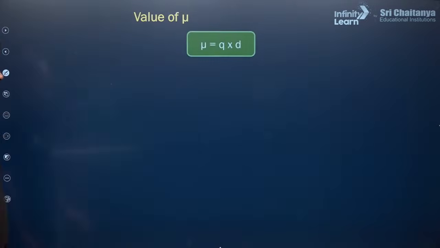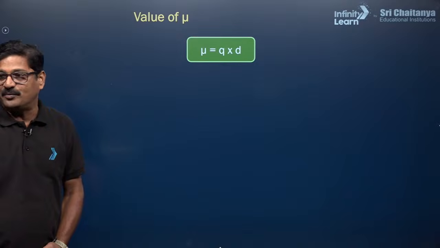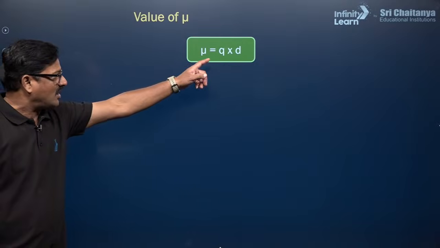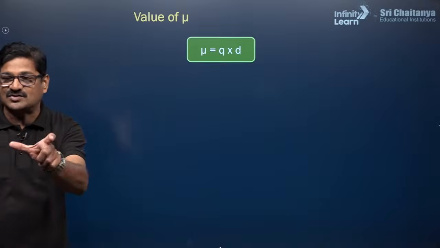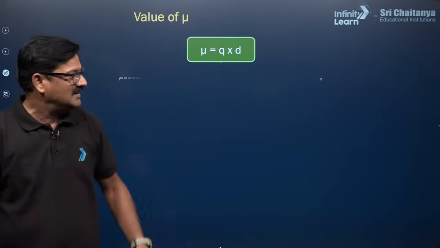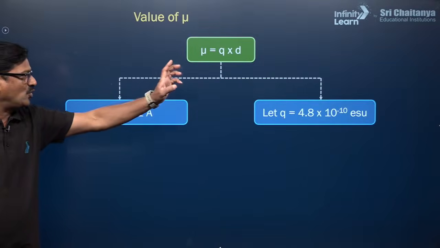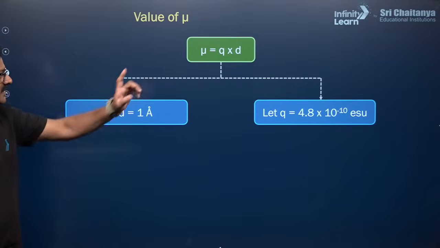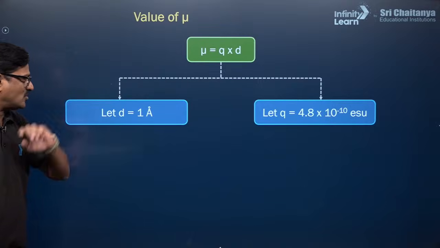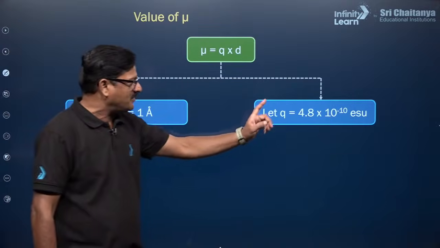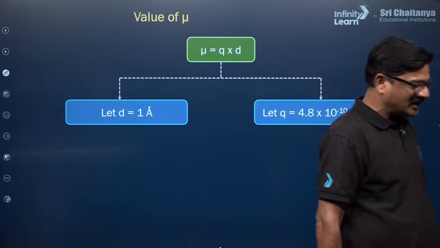The value of the dipole moment is going to be charge into the distance of separation of charges. Let this distance be 1 angstrom unit, and the charge is 4.8 into 10 power negative 10.